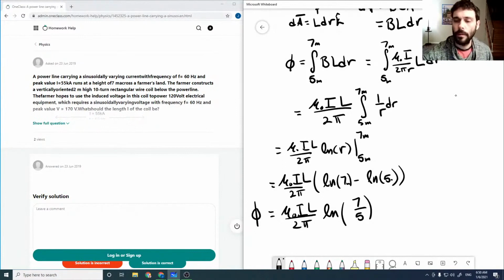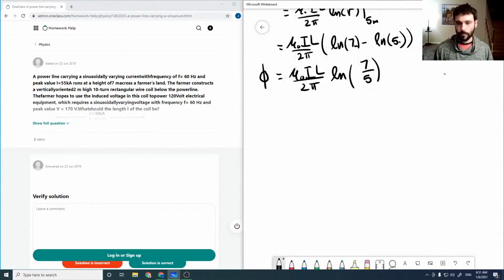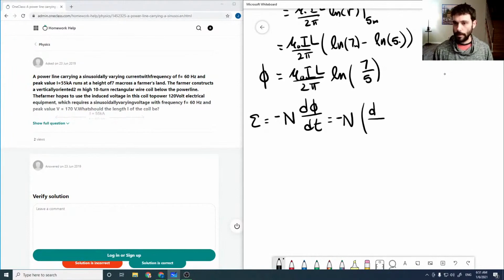Okay. So in this case, it's the current that's time varying, and it's going to result in our EMF. So now we can solve for our EMF. So our EMF is just minus n, for the number of coils, d phi by dt, which is minus n, d by dt of all this.